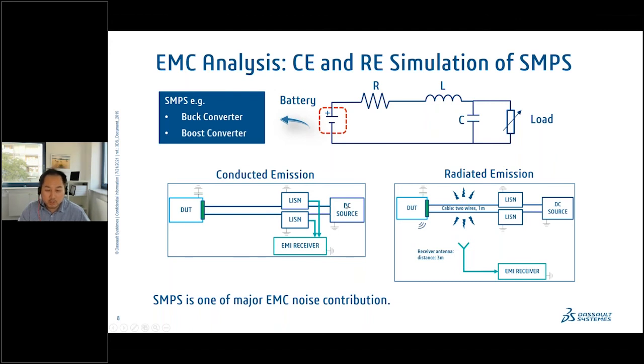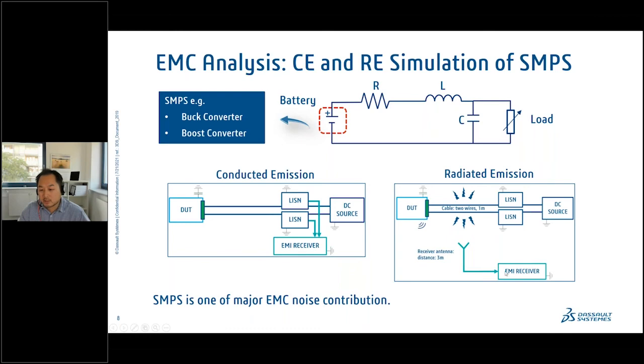So this is typically your SMPS, which is connected directly to the DC source. In the same way, you can also perform the radiated emissions, where in this case either your DUT is radiating, or you have two wires, typically a power positive and negative, and this is also radiated.